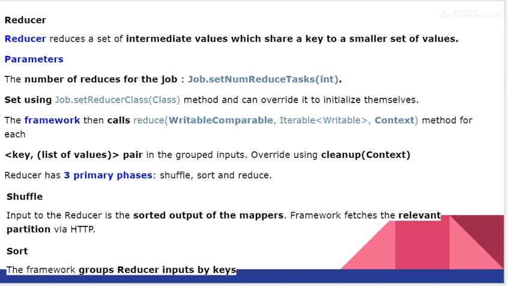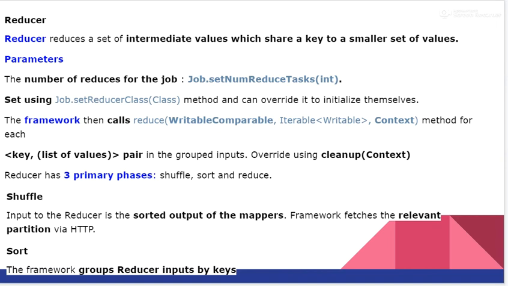Next, an important point is what parameters are available for using the reduce operation in your MapReduce job. One is you can set the number of reducers using setNumReduceTasks, which gives you the option of setting the number of reducers: 1, 2, 3, 4, whatever.